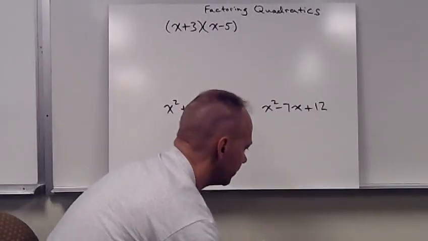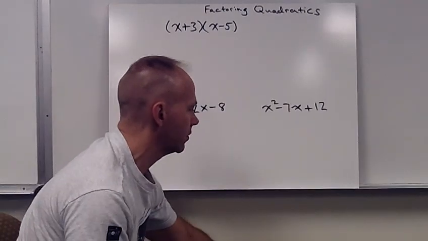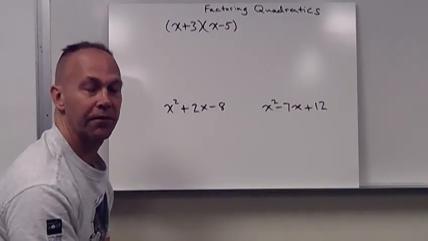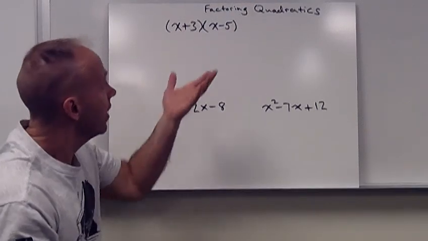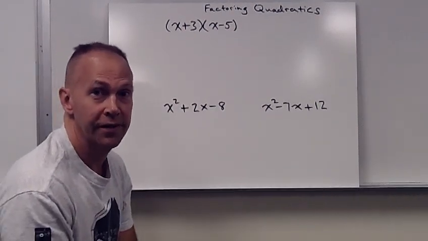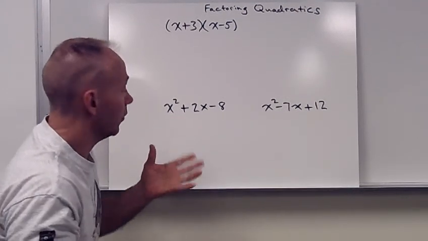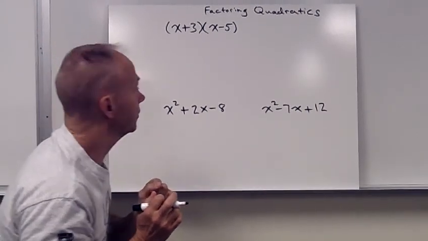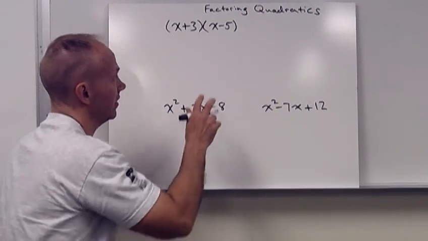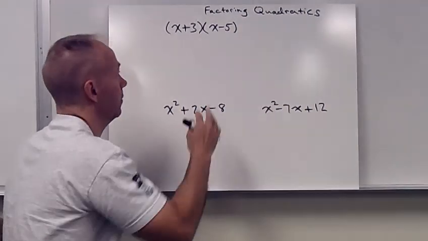All right. Now, let's be more specific about what type of factoring we're going to be doing, and that's factoring quadratics. Now, at the beginning of the term, we talked about factoring trinomials. And let's just, again, go back and refresh our memories here.